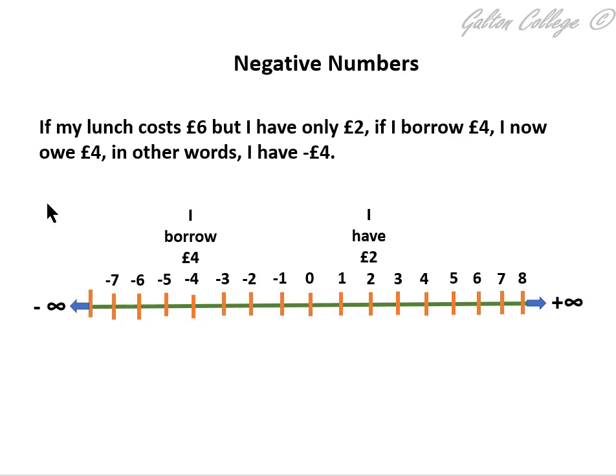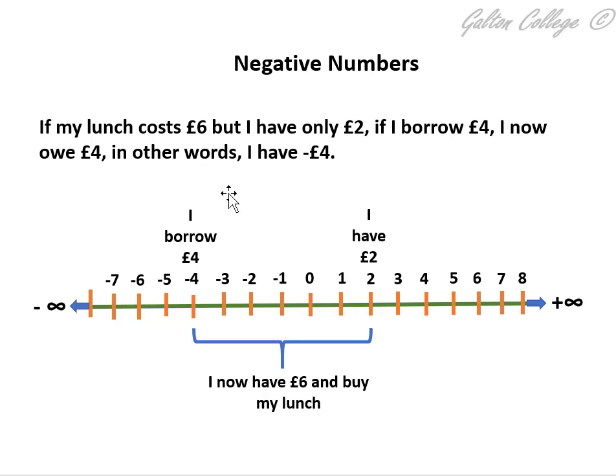I now possess minus £4. In other words, if I had £4, I would really have nothing, because I'd have to give the £4 back, because I owe £4. So I have £6 to buy because my friend has lent me £4. I have £2, so now I can buy lunch.